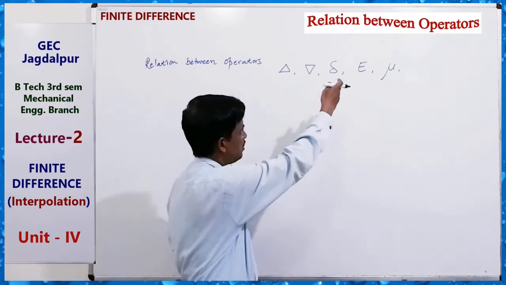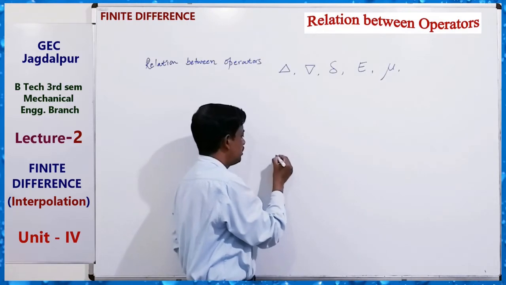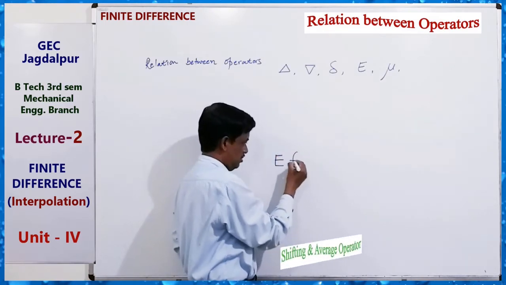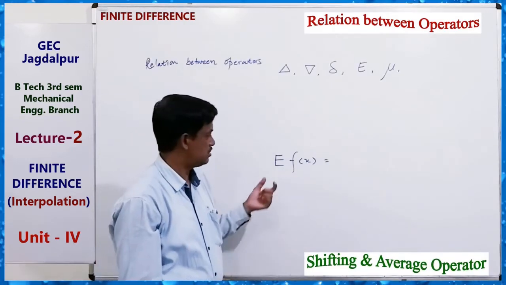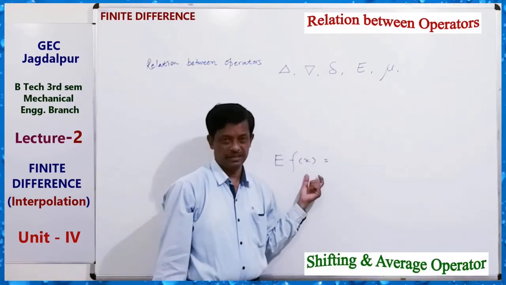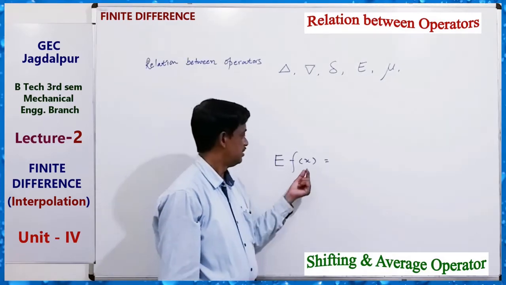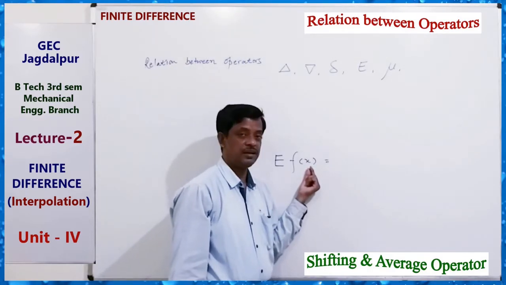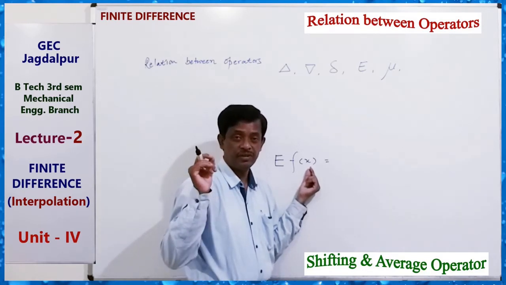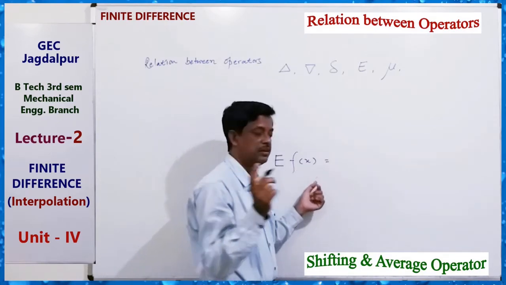Shifting operator is very, very important. If we apply this operator on the function, it increases the argument by one times of h.